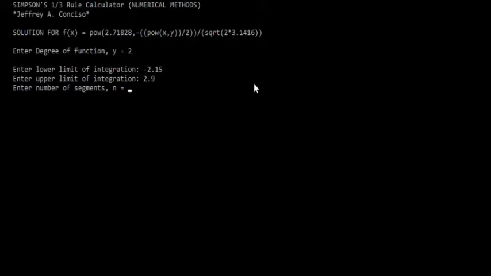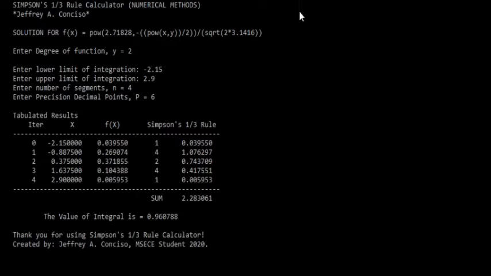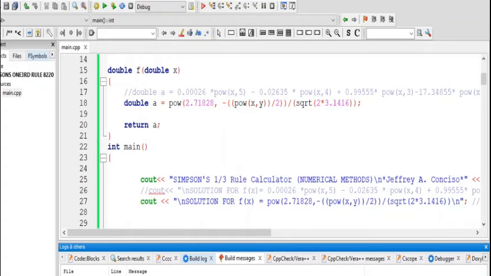We input n as 4, and the precision as 6, and we will have output. The value of integration is equal to 0.960788. We have the iteration here 0 to 4, the x's, and then the function of x, the multiplier, and the Simpsons 1/3 rule. So that is the transcendental equation.